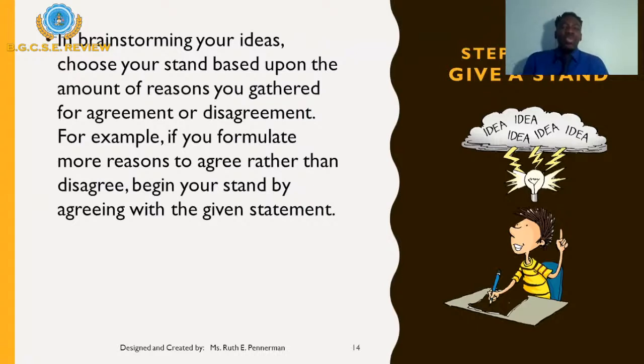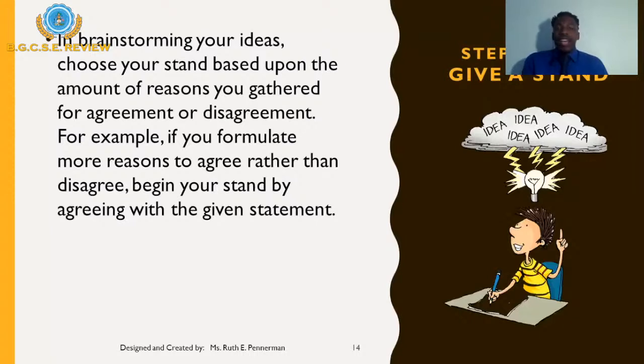So if you come across a JPR statement or phrase or question, and there are more reasons why you agree than you disagree, then you go with agree. You take your position, you go with agree, and you lay out your responses based on the reasons why you agree. If the converse is true, you do the same thing.